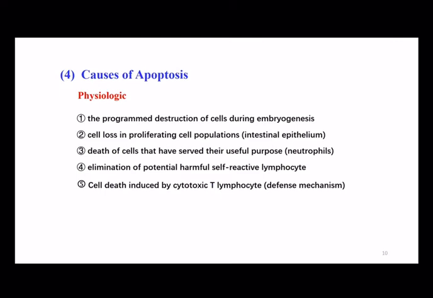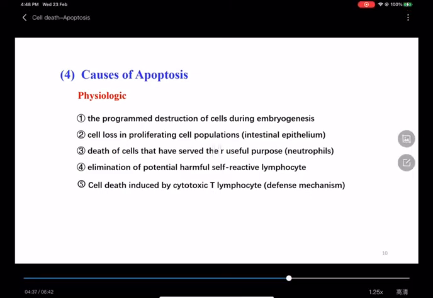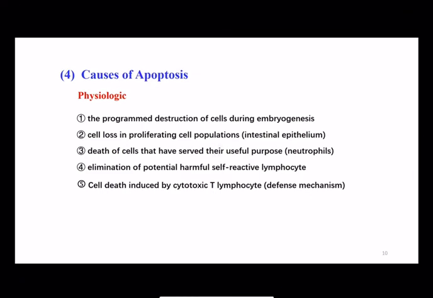The third, death of cells that have served their useful purpose. For example, in the foci of inflammation, neutrophils will undergo apoptosis at the end of inflammation. The fourth, elimination of potentially harmful self-reactive lymphocytes. And the fifth, cell death induced by cytotoxic T lymphocytes.